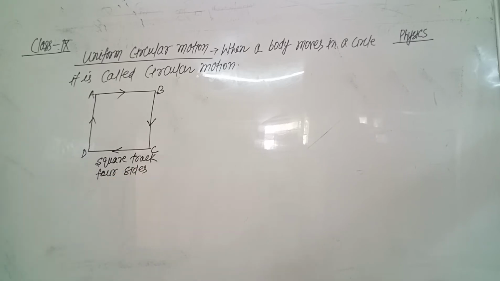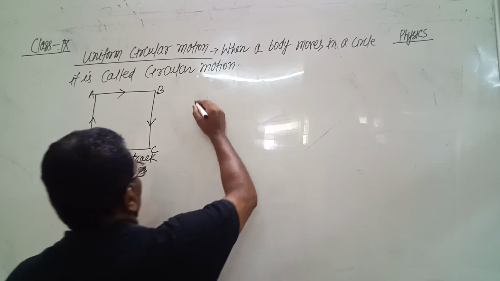Body started from A, it moves in a square track and returns back to point A, and this track has a total number of 4 sides.